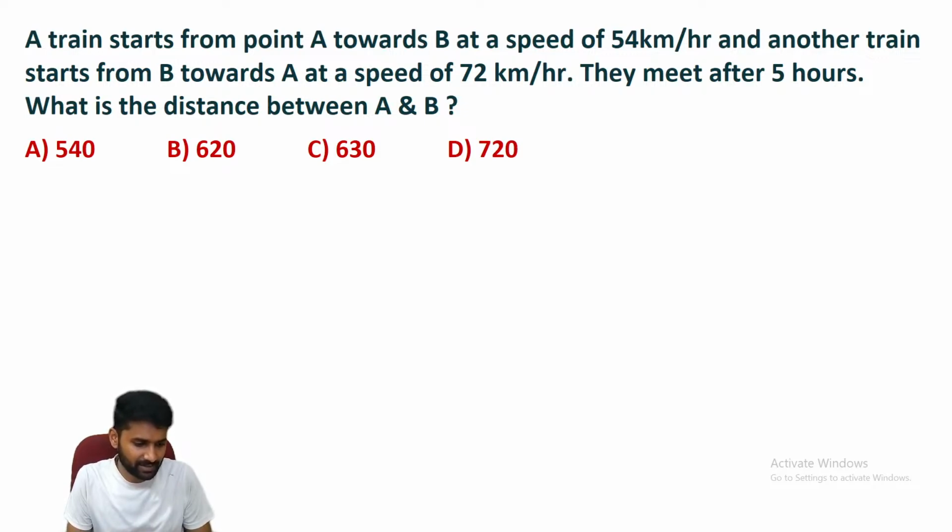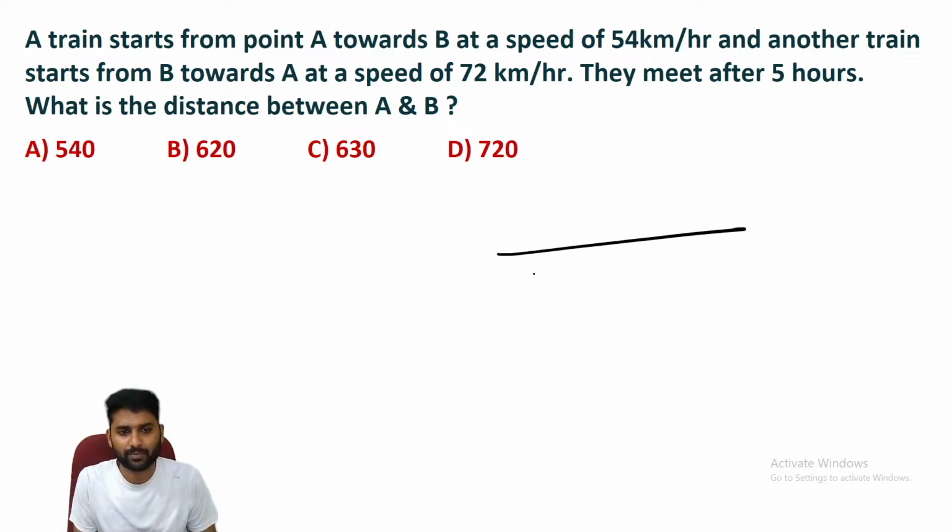Let's see this question. Time and distance. A train starts from point A at a speed of 54 km per hour.